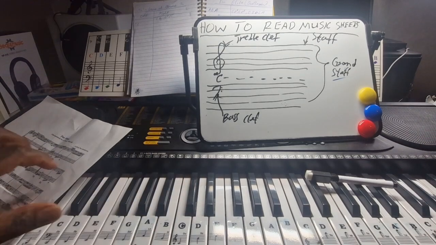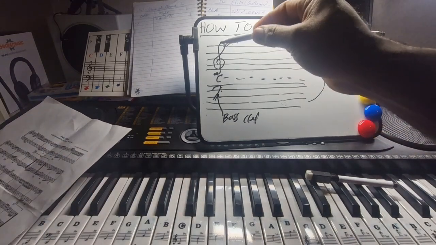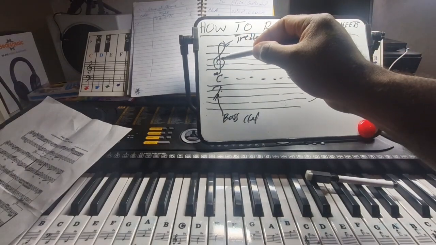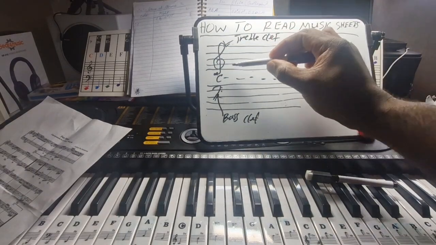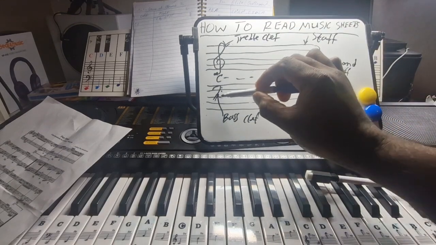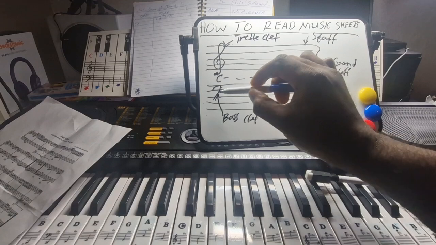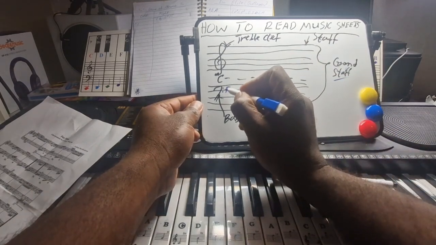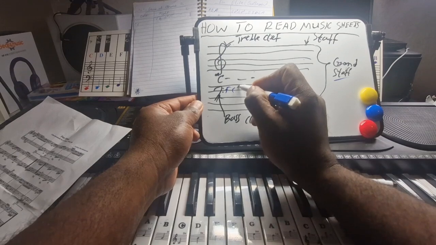Good. So anytime you see this full monster here, you know it's the right part of the piano, right? And this half monster, as I refer to it, is called the F clef, okay?